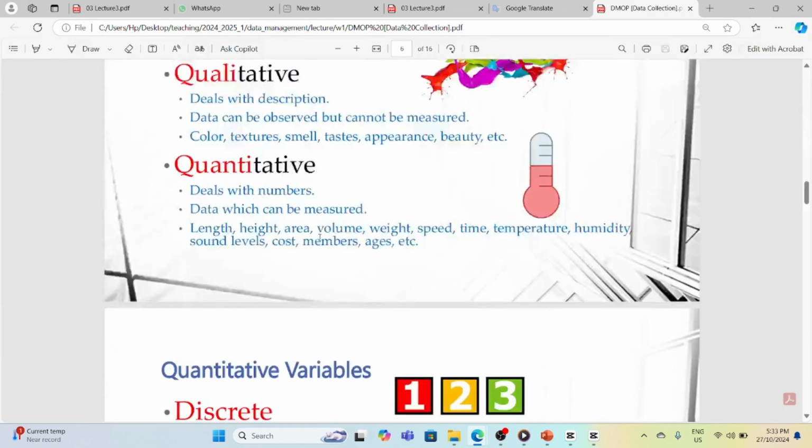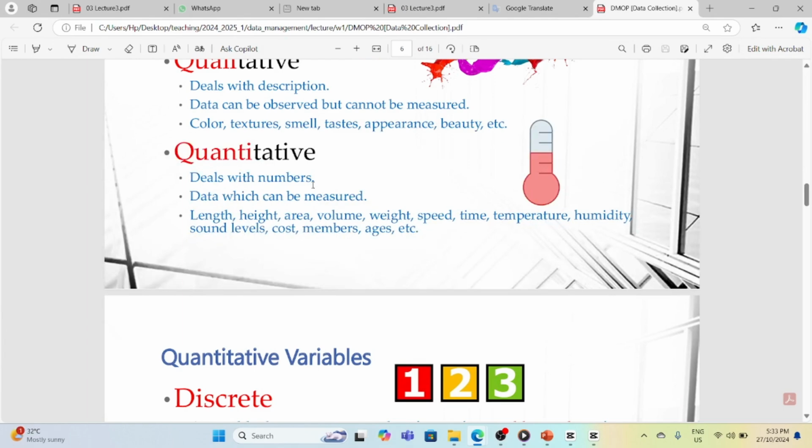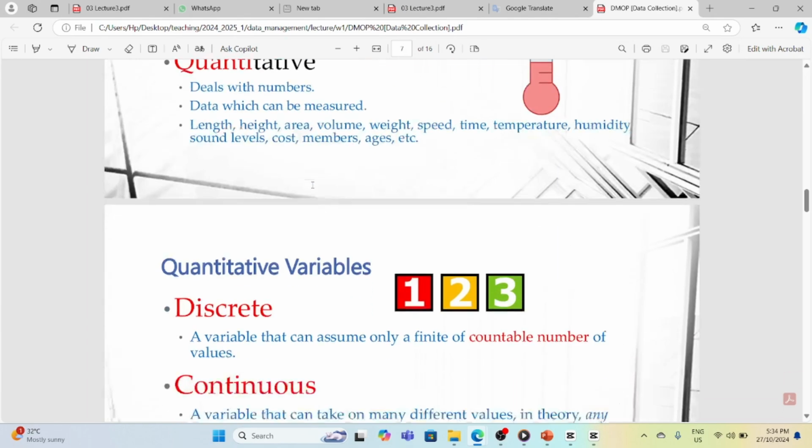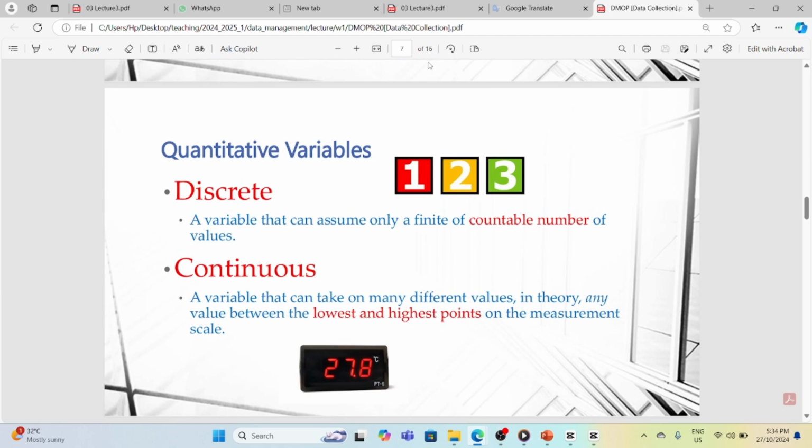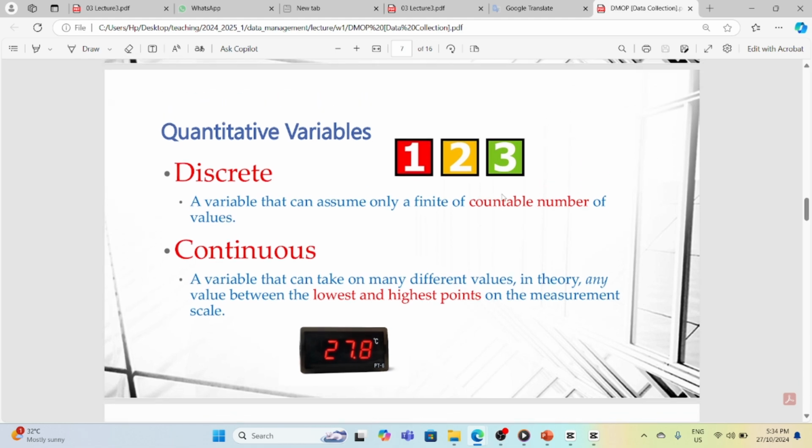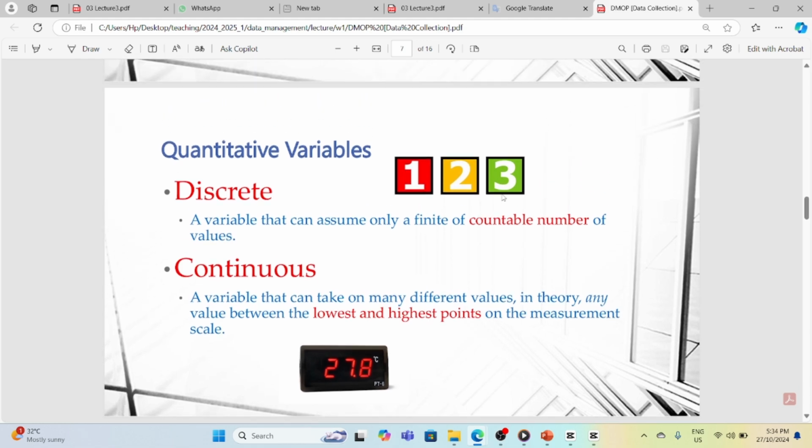Quantitative data variables are divided into discrete variables, which can assume only a countable number of values, like 1, 2, 3, not decimal numbers. For example, the number of students: we don't have 2.5 students, we have 3 students, 2 students, 4 students.